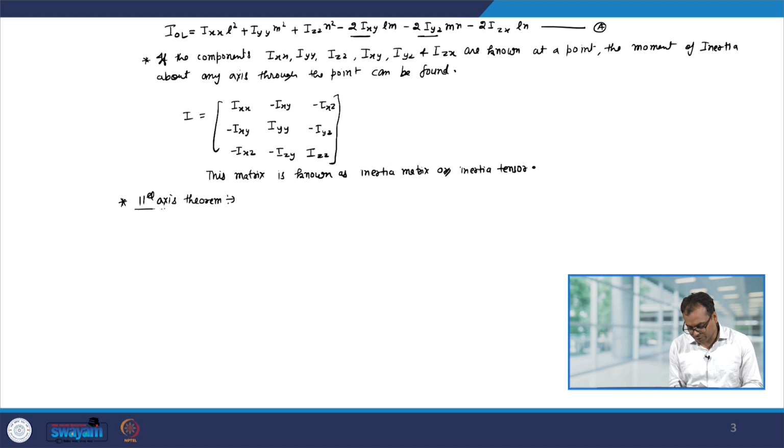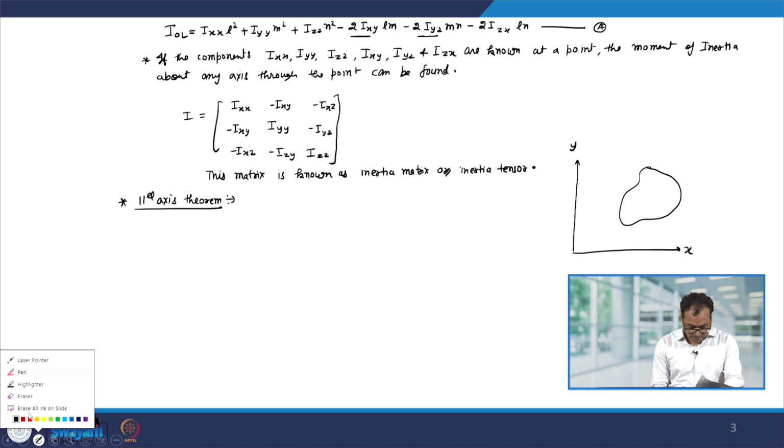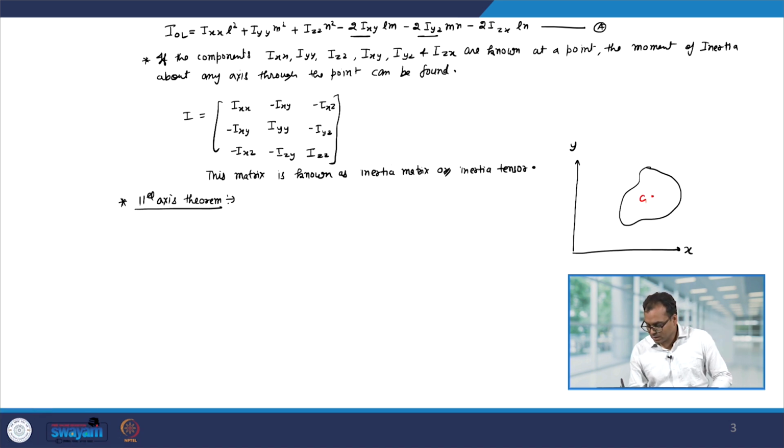for product of inertia. So, for that let us say I have a rigid body, okay, and this is the x axis and this one is the y axis. Let us say I make another axis which passes through G, the center of mass. So, let me call it x naught and y naught.